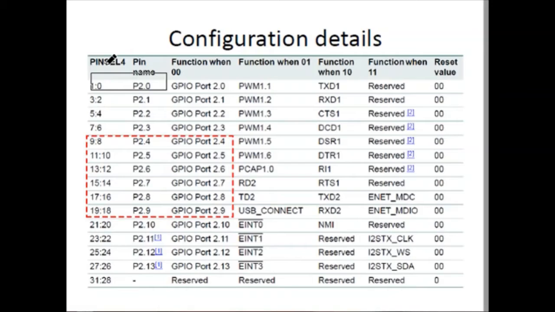Accordingly we need to use pin select 4, and since we need to use them as GPIO pins, general purpose input output pins, the bit values 8, 9 to 18, 19 should be programmed as 0. This we will discuss in the program as well.